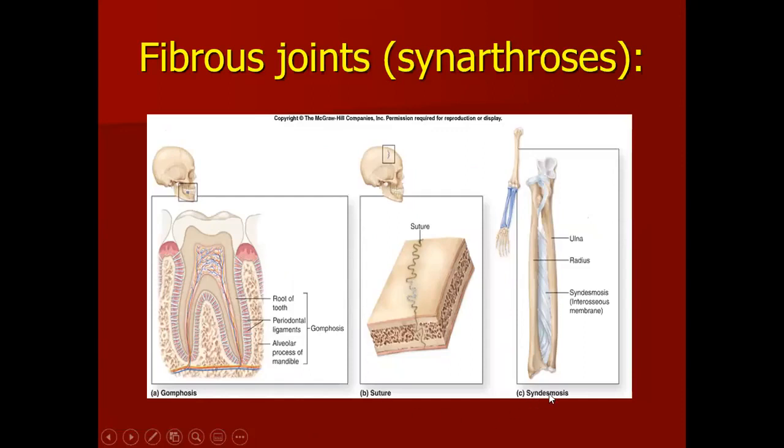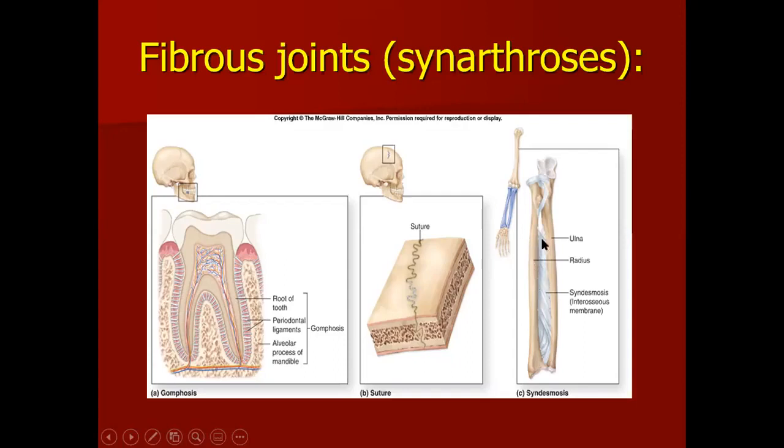And then that syndesmosis, the one I couldn't come up with, this is a whole bunch of cartilage in between the, what am I looking at? Tibia and fibula, it looks like. No, that's the radius and ulna. I'm crazy. The radius and ulna. The area between the bones doesn't move.